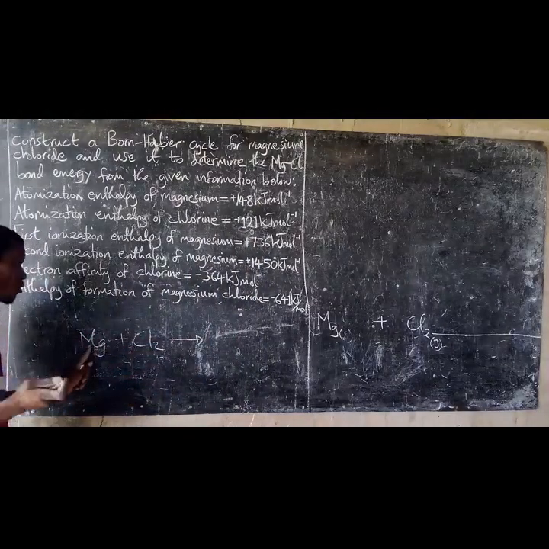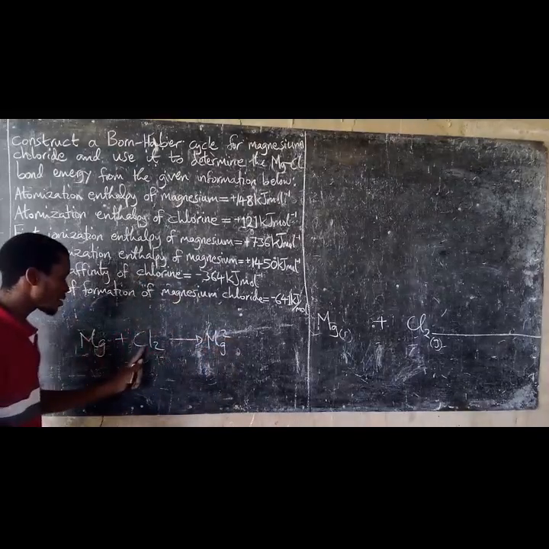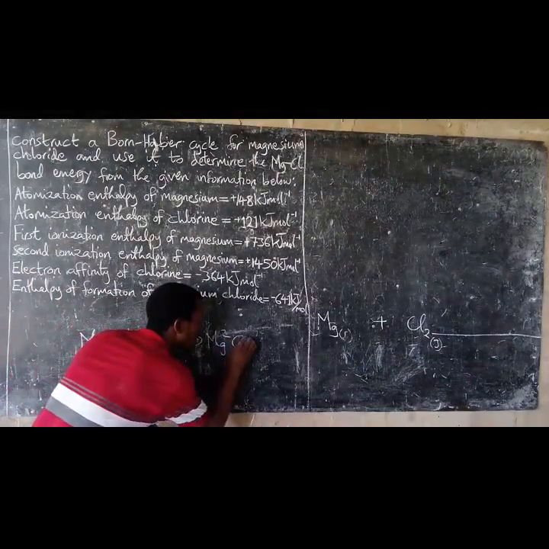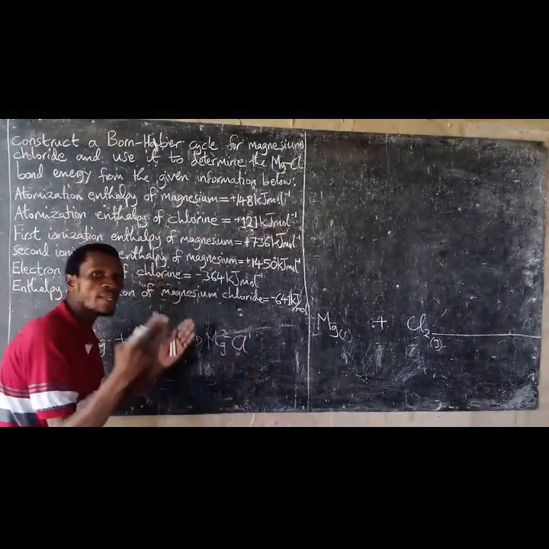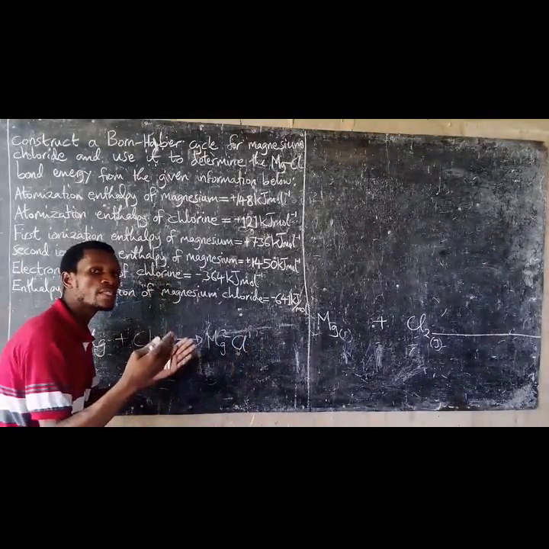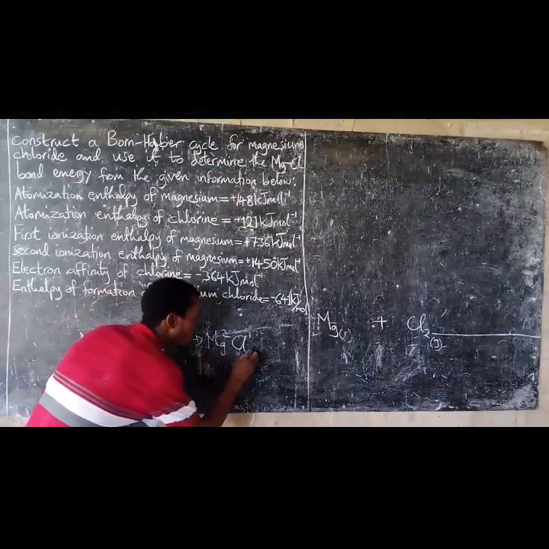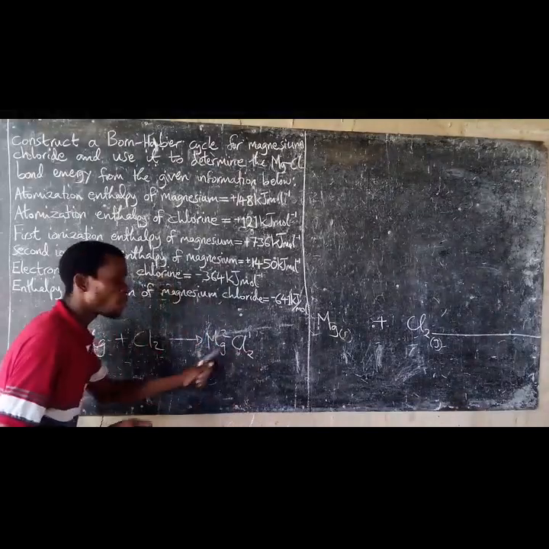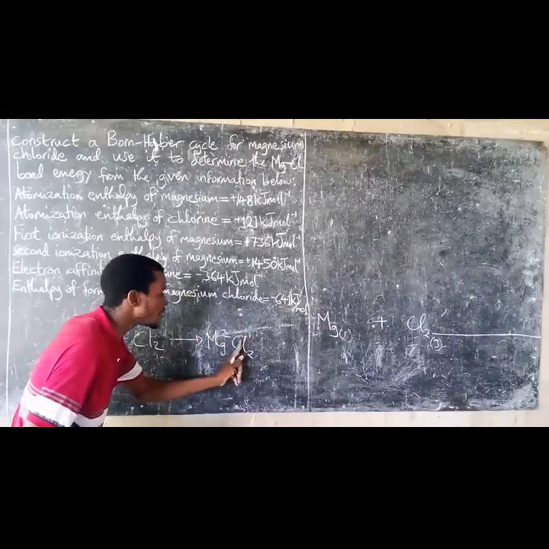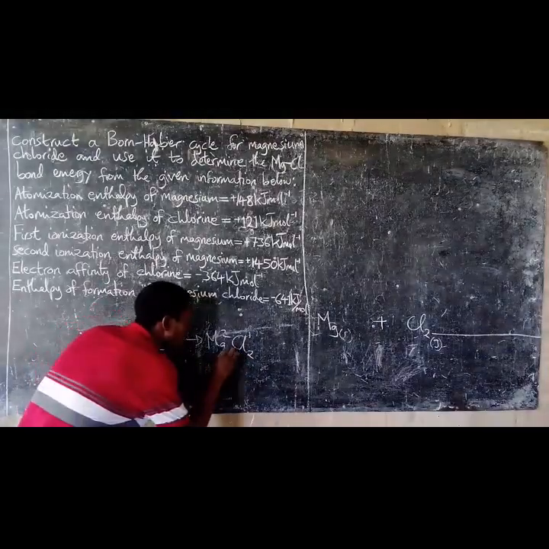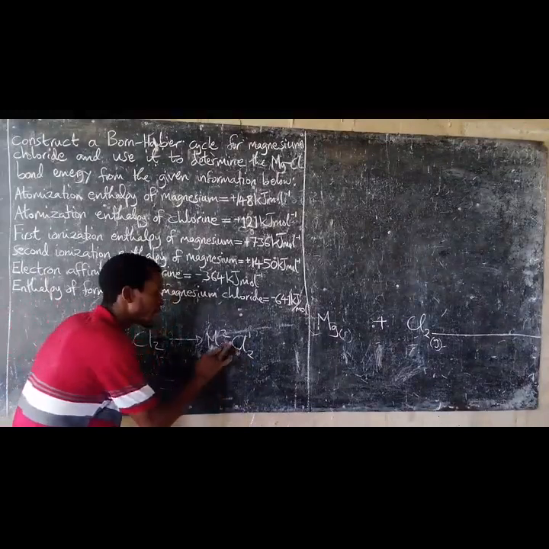But the valency of magnesium is 2, while the valency of chlorine is 1. So when they are combining, they tend to exchange their valencies. The valency of magnesium is written as a subscript of chlorine, while the valency of chlorine is written as a subscript of magnesium, but 1 is not written.